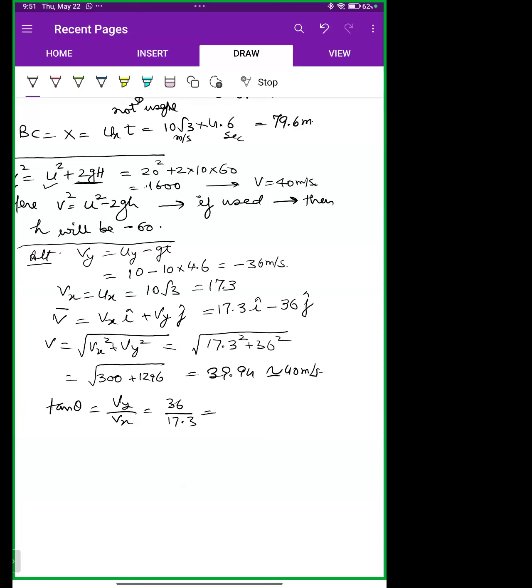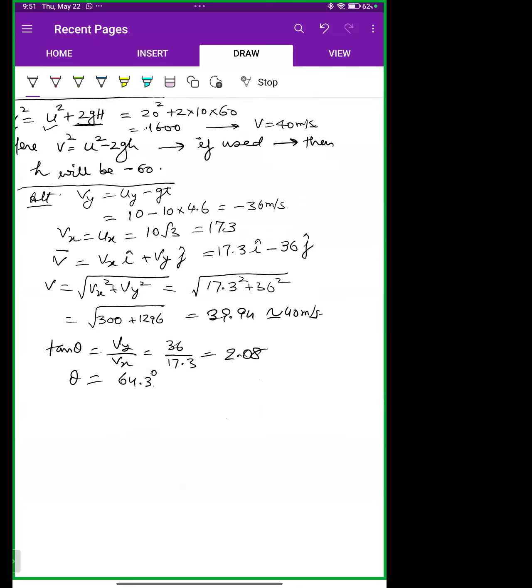It is 2.08. Theta is equal to 64.3 degree. Is it clear to all? Yes, sir.